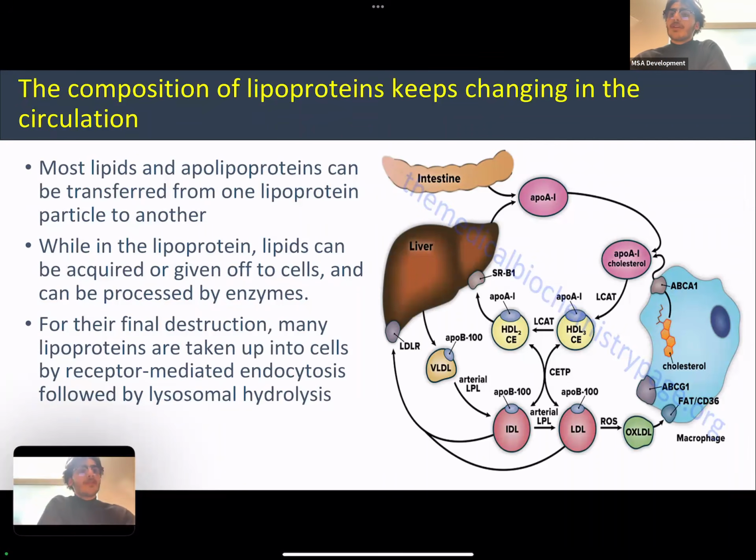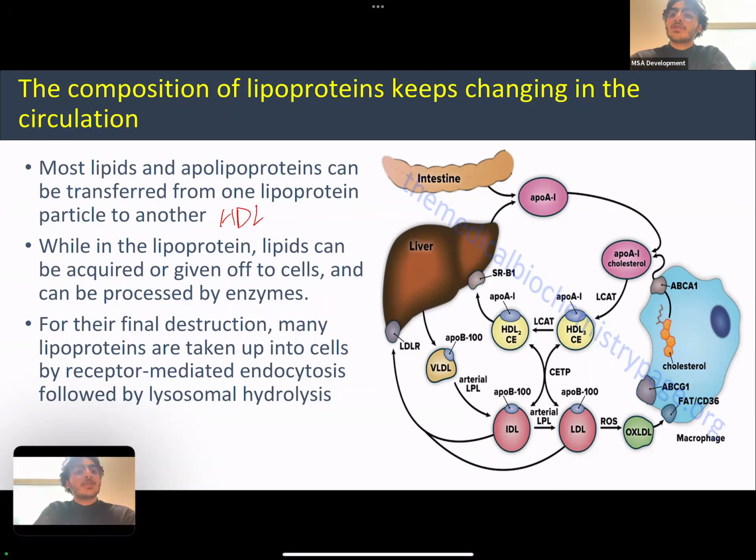From this slide, there's also not much that we can take away. But again, I want to attach an example to each of these things that are mentioned. They said most lipids and apolipoproteins can be transferred from one lipoprotein particle to another. So let's add an example. They said most lipids. So which lipoprotein do we know can transfer its own lipids to other lipoproteins? Well, that's HDL.